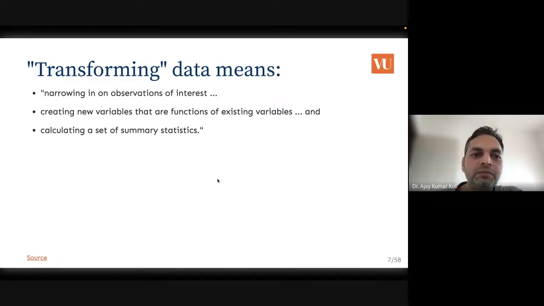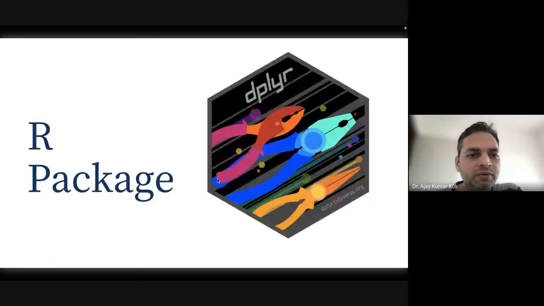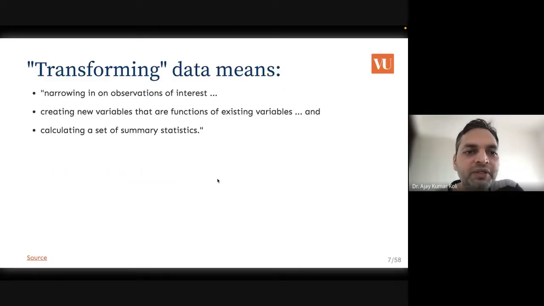Okay, there are many more things which you can do with it, but we will focus on these three aspects. Narrowing down on the observations on which we are working further, creating new variables, and creating summary statistics of the data, and then using them for making tables, plots, and other things, right?